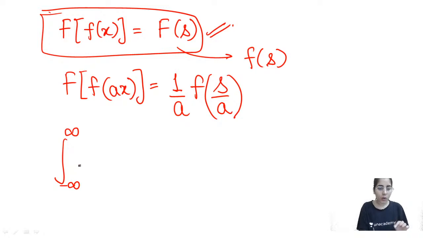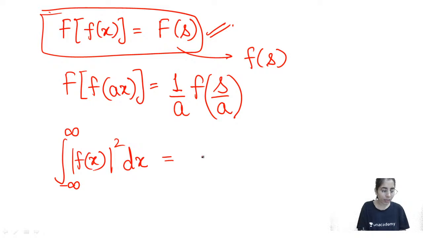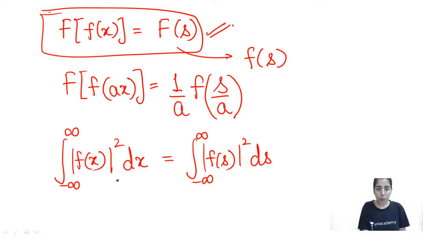According to this, we have the integration from minus infinity to plus infinity of the modulus of f(x) squared dx, and you can simplify it directly, its answer will be the integration from minus infinity to plus infinity of mod F(s) squared ds. So both will be equal.